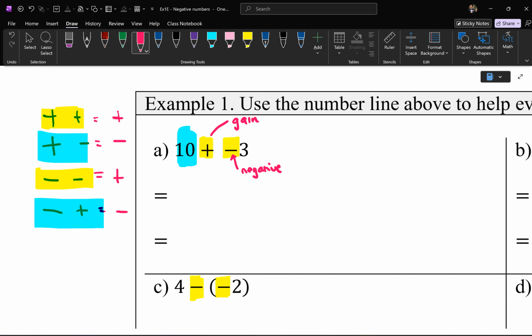So what is this actually saying? You've got $10 in your bank account. You're going to gain something. But what are you gaining? You're gaining -3. -3 is the value that you have, and -3 means debt. You've got $10 in your pocket and I said, you know what you won? You won $3 in debt.